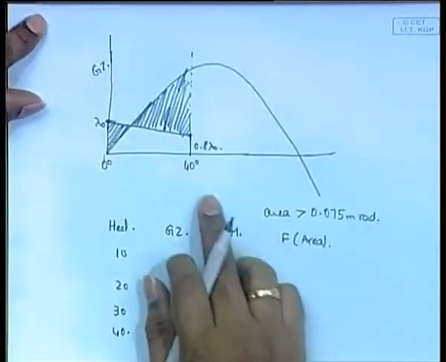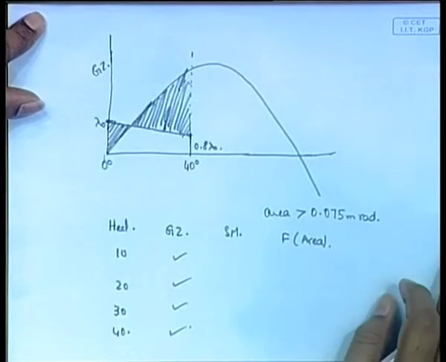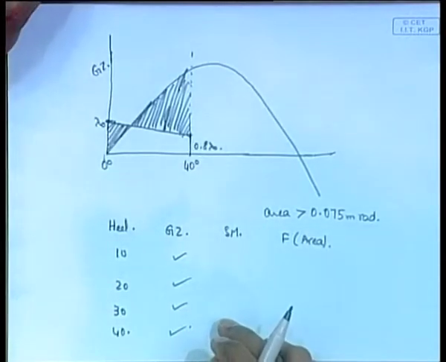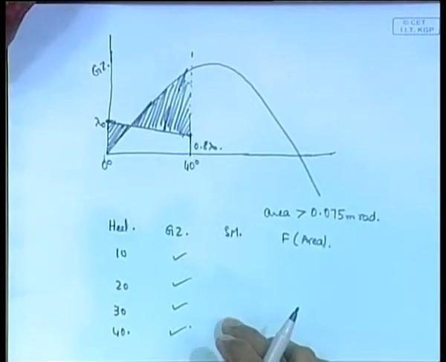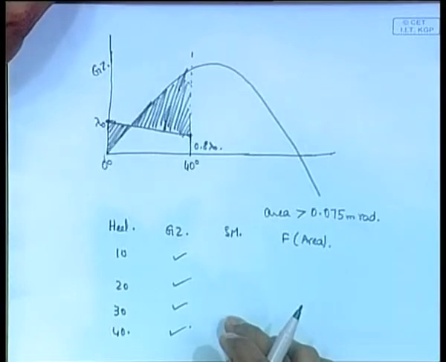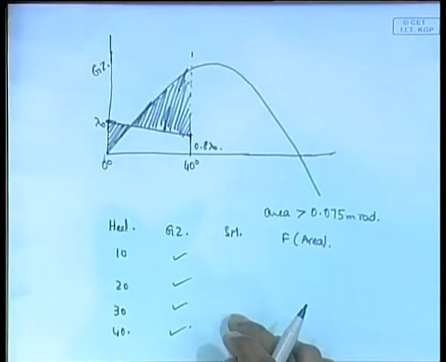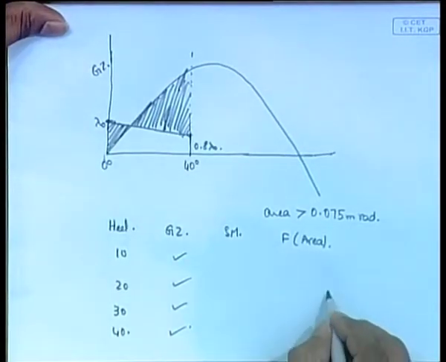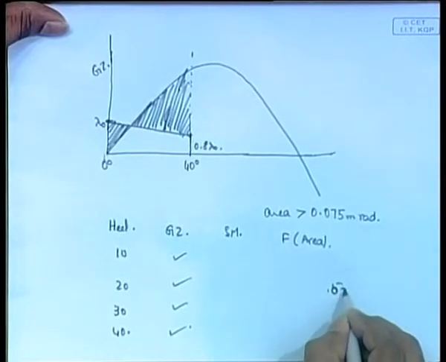I will check that. So, this is why the area should be greater than 0.075 meter radians. So, you find this area between the two curves. In this case, you will get something like 0.524 meter radians.